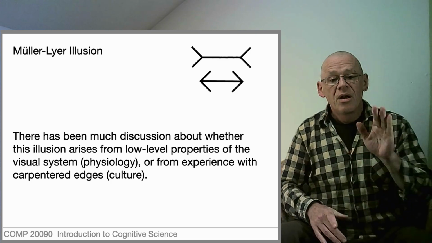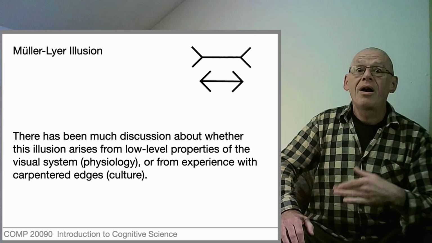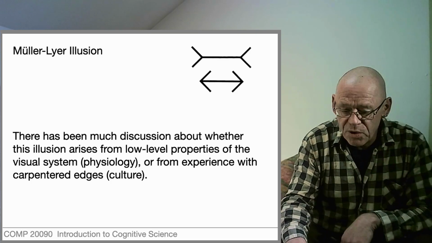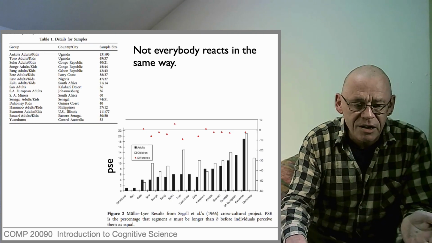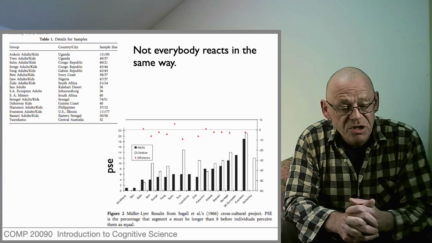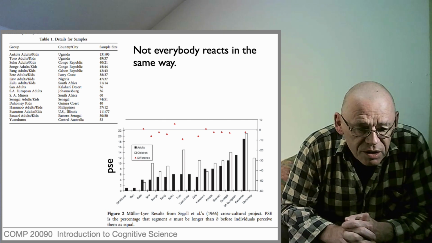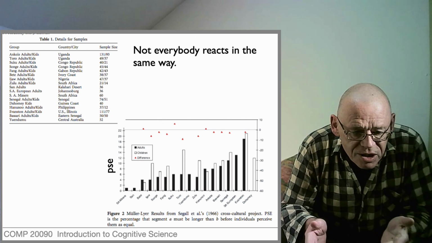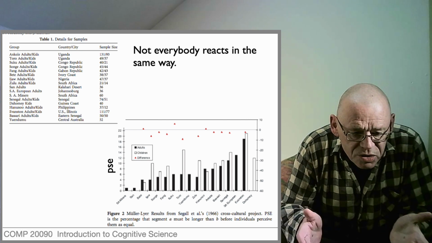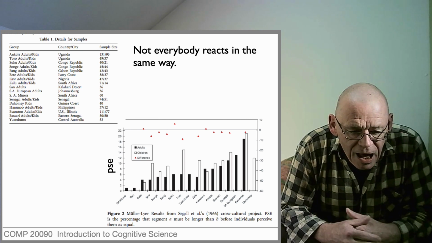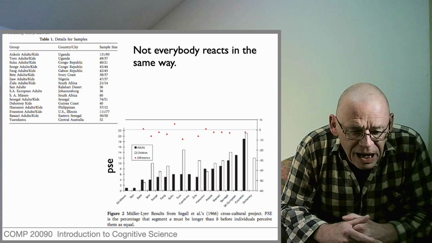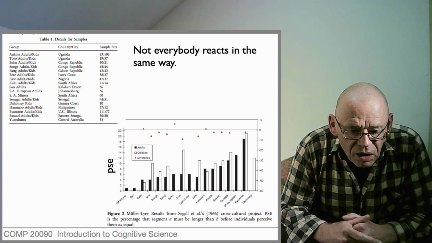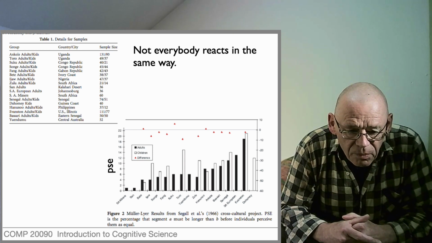Well, in this case, they went beyond that normal pool and they went to people in a lot of different places, largely distributed across Africa, although I think there's a few other ones in there. We've got Uganda, Congo Republic, Nigeria, South Africa, Kalahari Desert, Senegal. So it's all Africa except for Central Australia and the US state of Illinois.